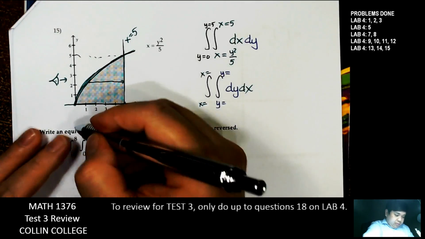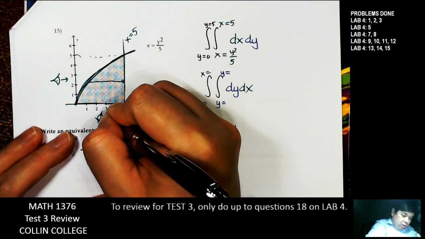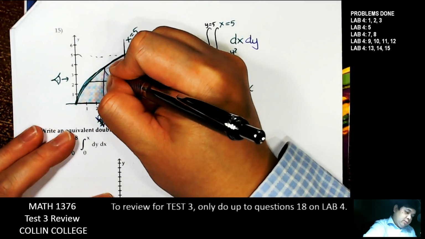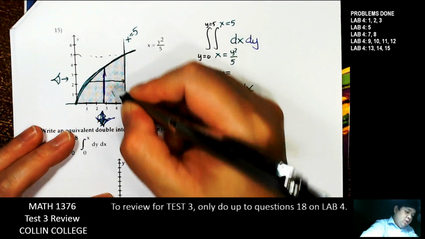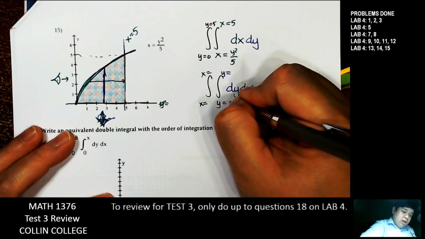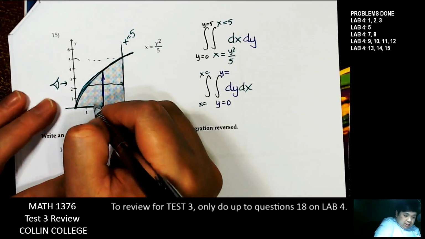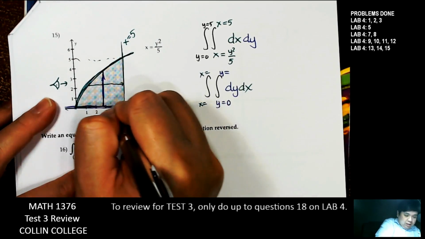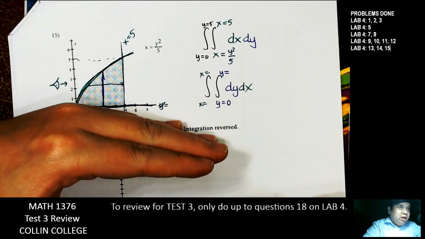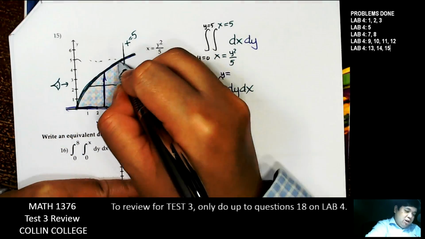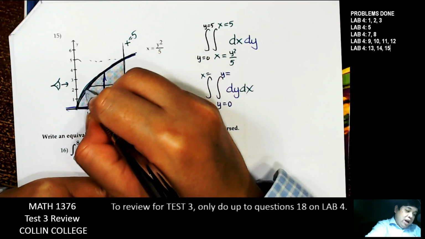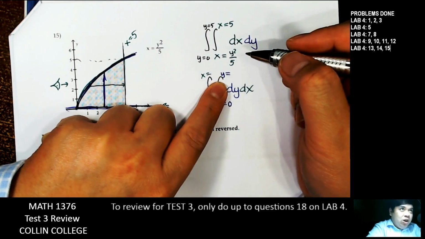Now we do look in the y direction. First we see the line y equal to 0, so that's good. So we have one boundary on the bottom, one boundary on the top. The only thing that we have to change is this is y equal to.